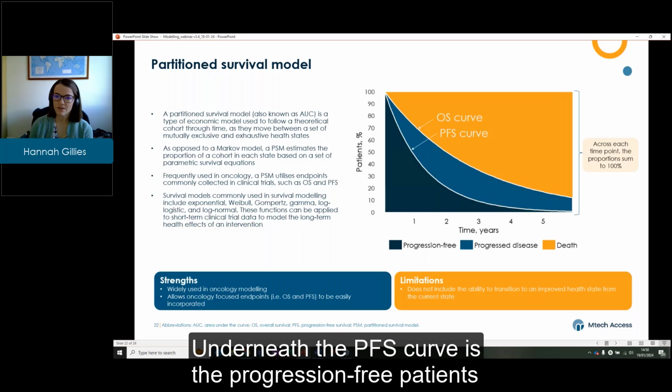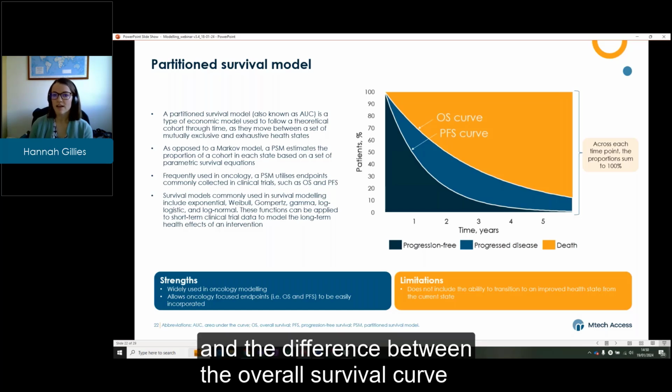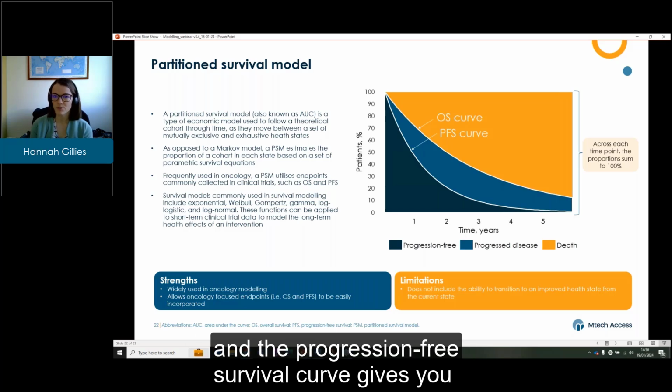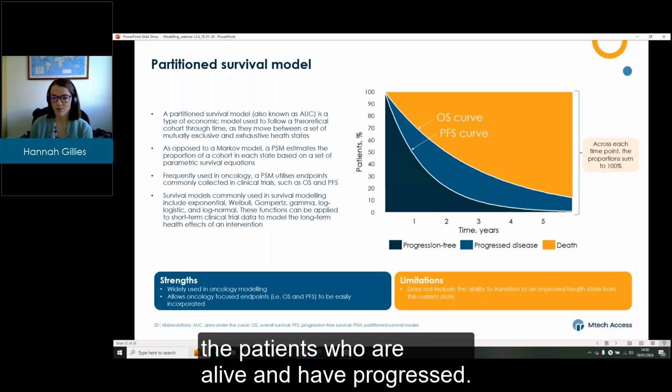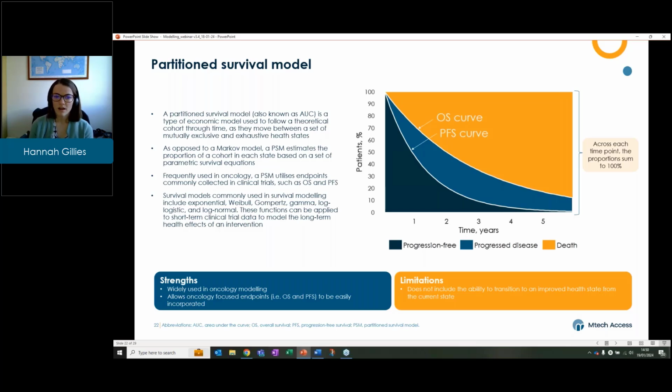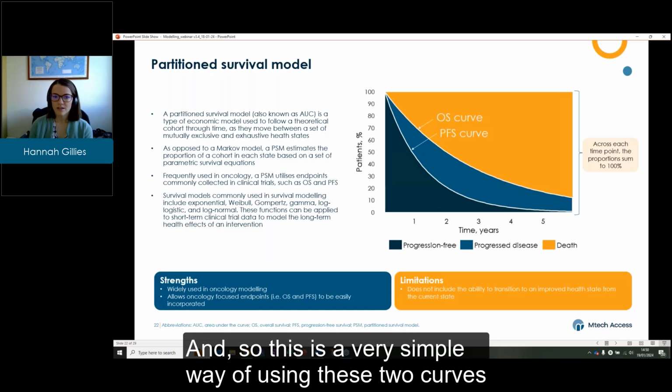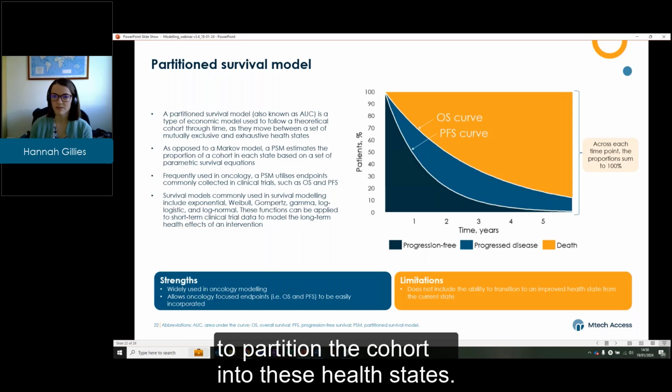Underneath the PFS curve is the progression-free patients, and the difference between the overall survival curve and the progression-free survival curve gives you the patients who are alive and have progressed. So this is a very simple way of using these 2 curves to partition the cohort into these health states.